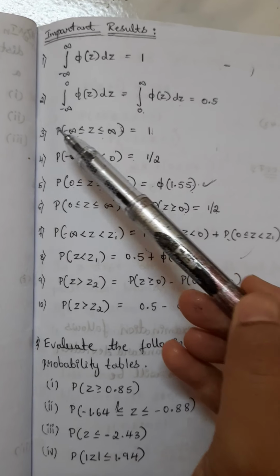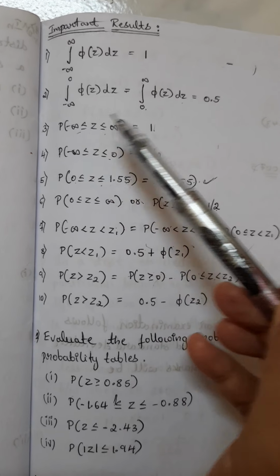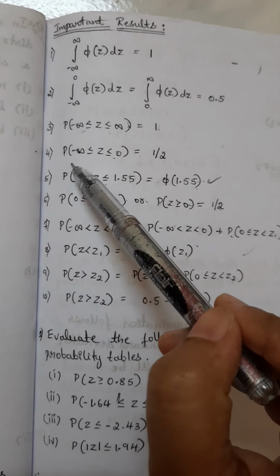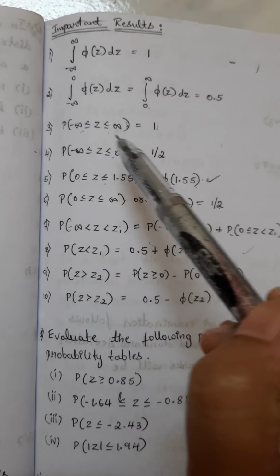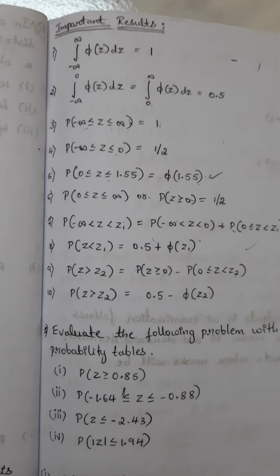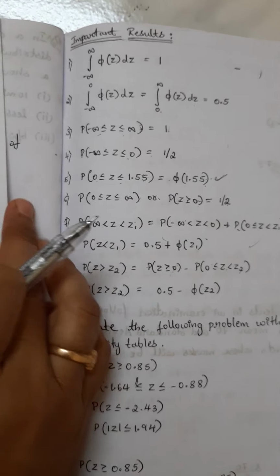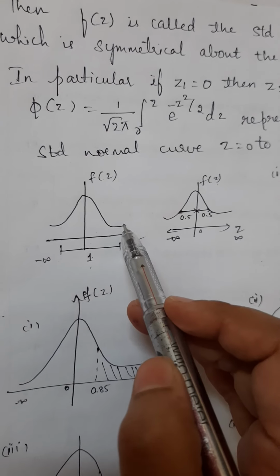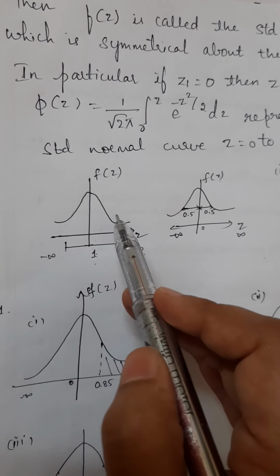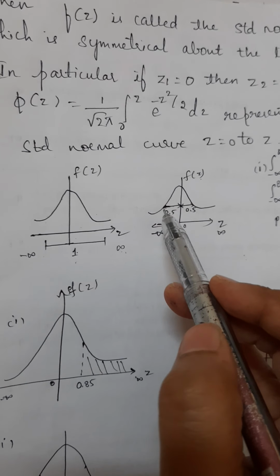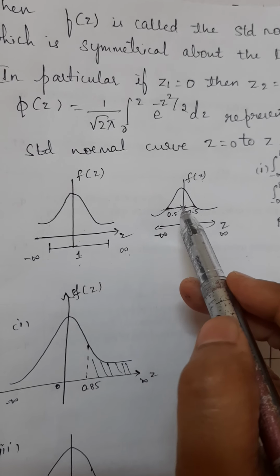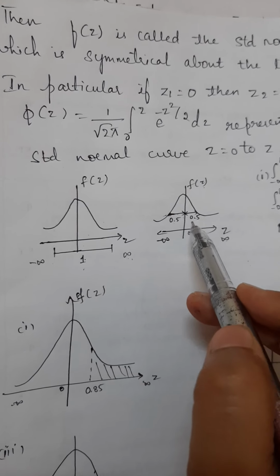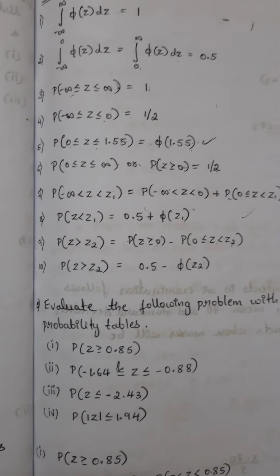And the probability of z lying between minus infinity and plus infinity is 1, the probability of z lying between minus infinity and 0 is 0.5, and between 0 and infinity is also 0.5.